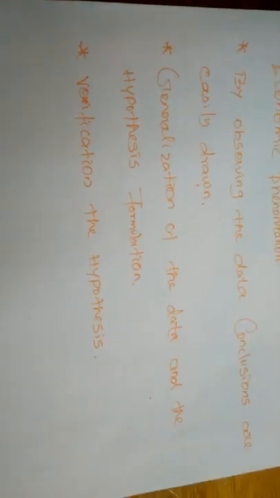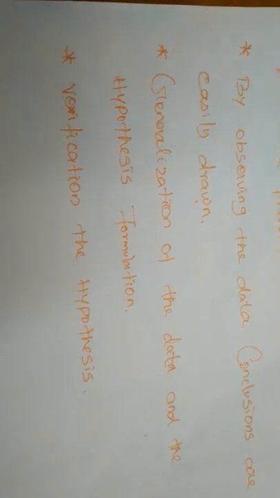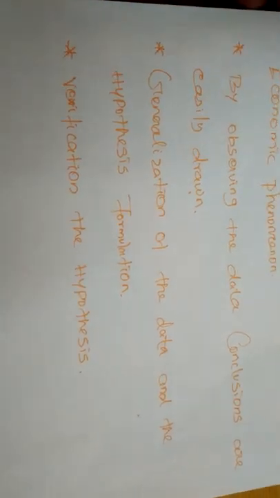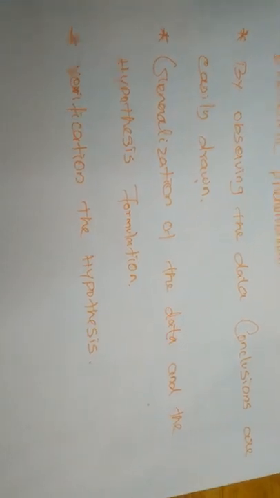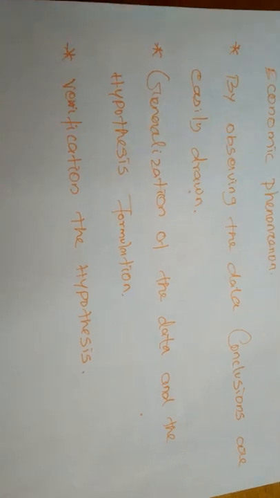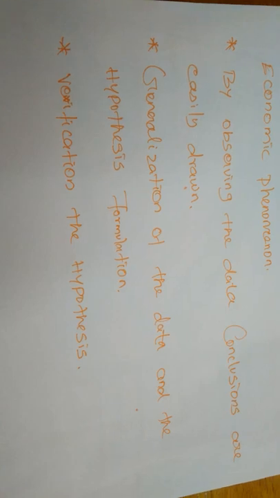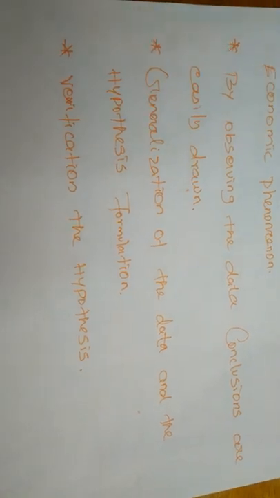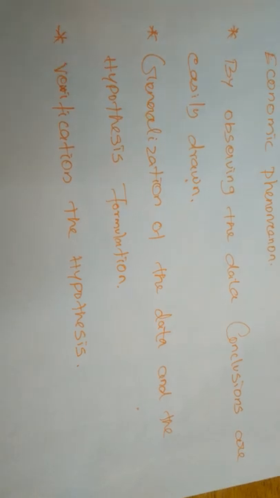Next, generalization of the data and hypothesis formulation. We must generalize the collected data and formulate the hypothesis. Already we have collected the data on the basis of different kinds: male, female, educated and uneducated, rich and poor.